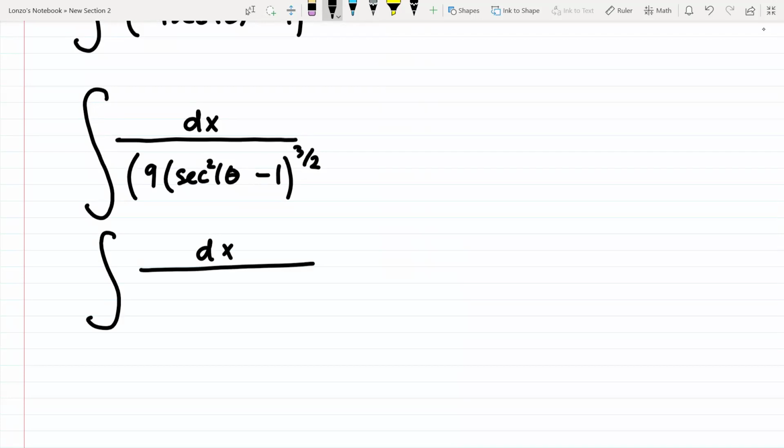But before we do that, secant squared minus 1 is a trig identity: tan squared theta equals secant squared theta minus 1.